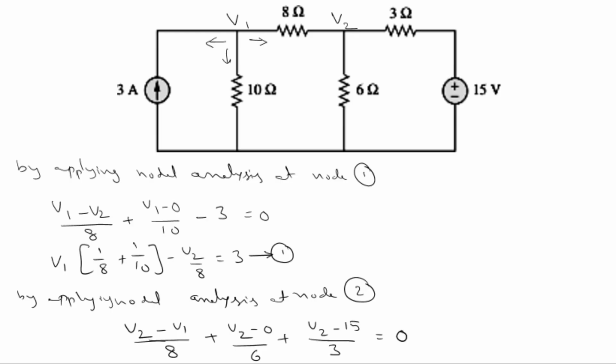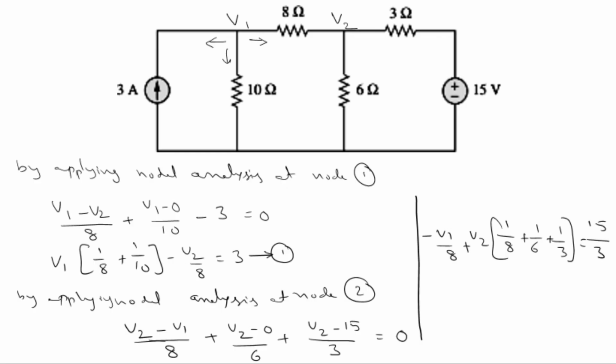Since we are applying nodal analysis at node 2, we take node 2 as the reference. Separating V1 and V2 terms, we get minus V1 by 8 plus V2 into 1 by 8 plus 1 by 6 plus 1 by 3 is equal to 15 by 3.